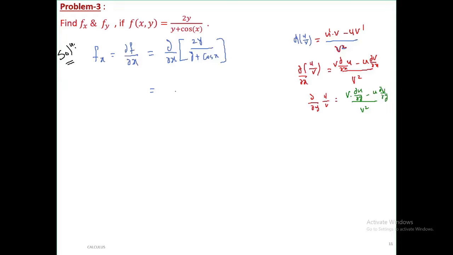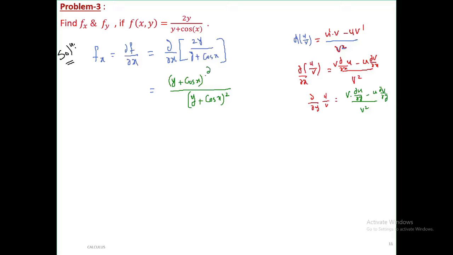So here it is divided by y plus cos x whole square, the denominator whole square. Next, denominator as it is, y plus cos x I am writing as it is. Numerator derivative I have to do with respect to x only.